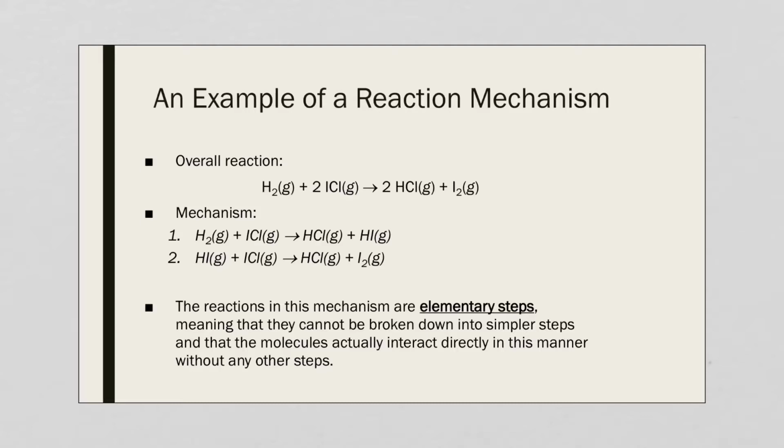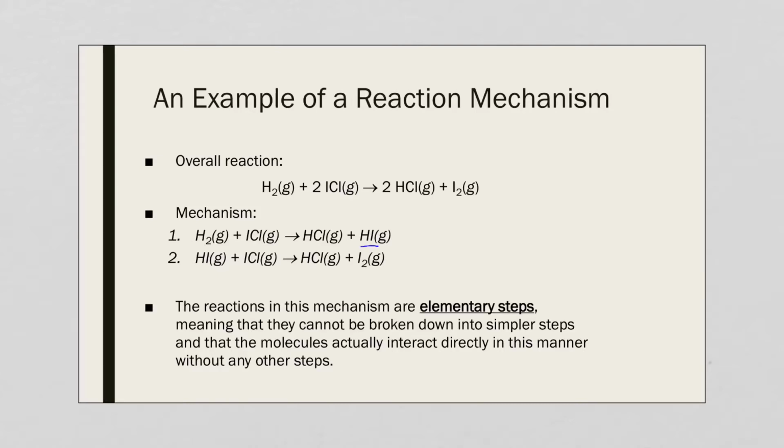The actual mechanism, determined again experimentally, based on kinetics experiments, shows that we have a 2-step process. We have 1 molecule of H2 combining with 1 molecule of ICl to give one of our HCl's and a molecule of HI.